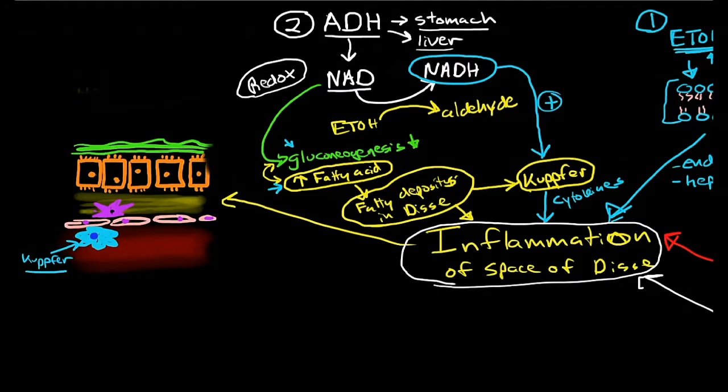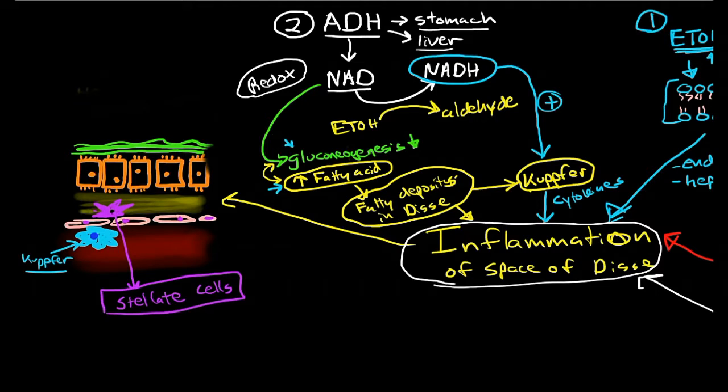And this peaceful little purple cell here is a stellate cell. Usually it has a very boring, unimportant existence, although I think we are discovering that it's more important than we initially realized, but it certainly plays a central role in the pathogenesis of cirrhosis.